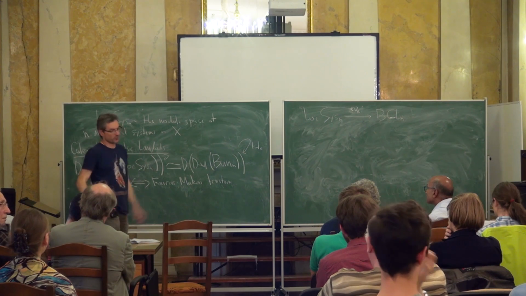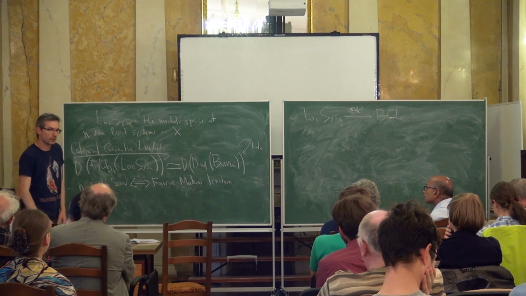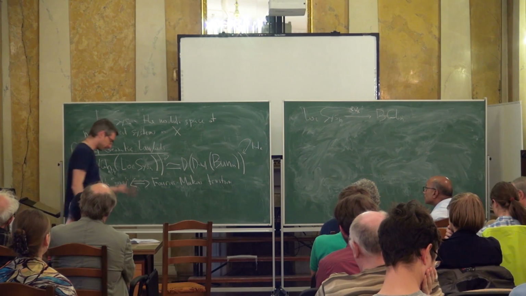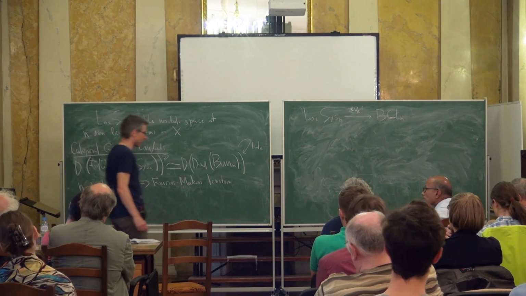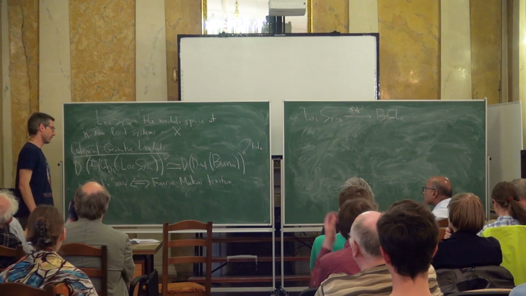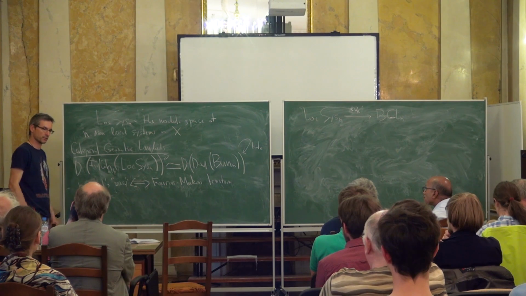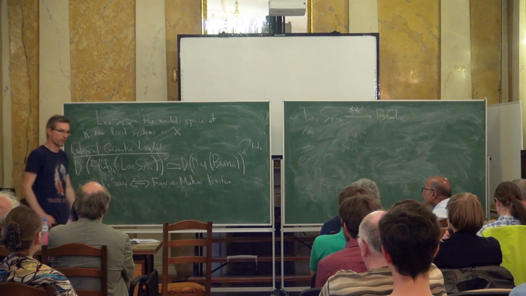One thing that Drinfeld was able to deduce is Kashiwara's conjecture: if you have a proper map between algebraic varieties and you start with an irreducible perverse sheaf, then if you take its direct image, basically the decomposition theorem holds.